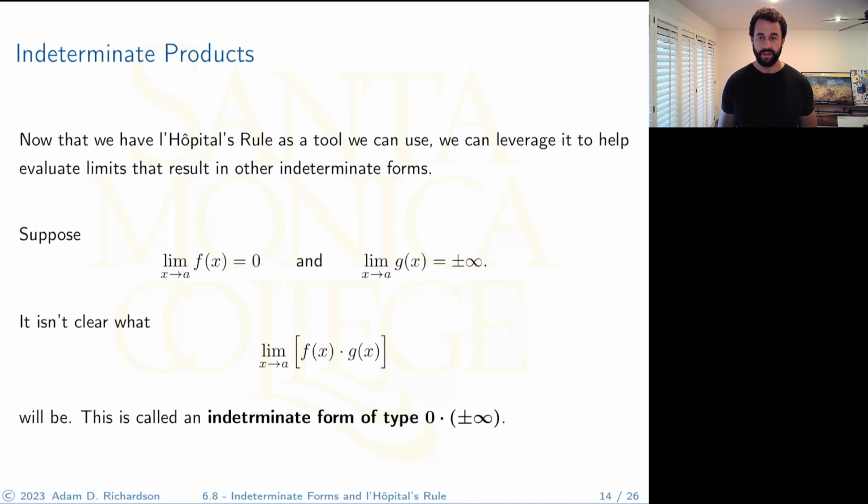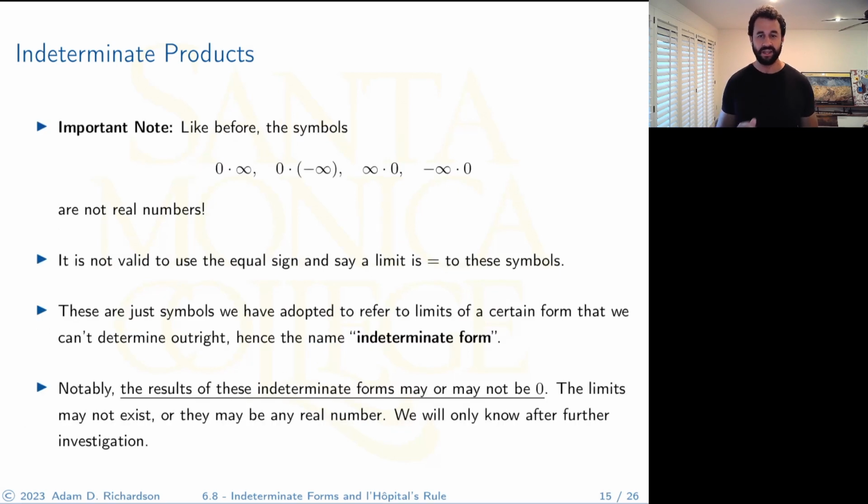All right? Okay, this is going to sound like a repeat, and frankly, a lot of it is just copy and pasted, but just like before, I want to mention and emphasize that these symbols are not real numbers. So when you write something like 0 times infinity, we're not talking about 0 times infinity being a number and talking about the result.